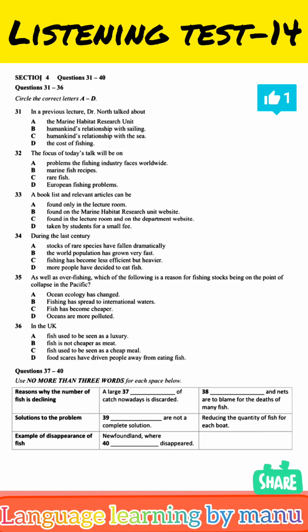But the problem is not restricted to European waters. It's a situation that's all too clear all around the world. Fish stocks in the Pacific Ocean, for example, are now on the verge of collapse due to a combination of overfishing and natural changes in ocean ecology. And there's another reason behind the increased demand for fish, and that is the changes in the eating patterns of different countries.